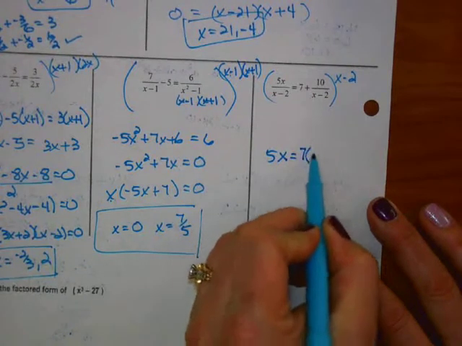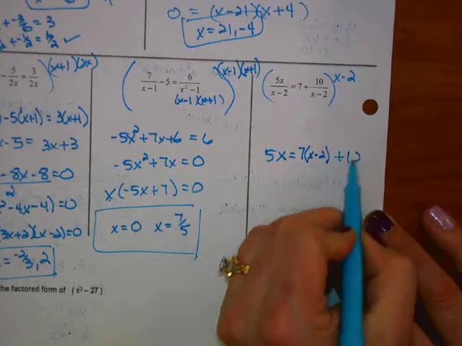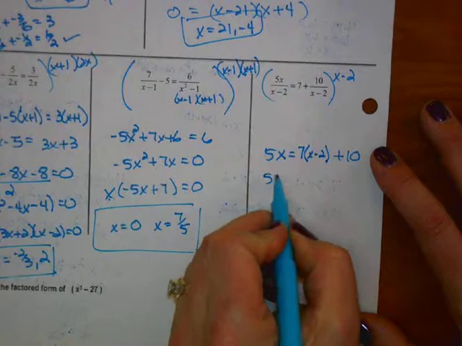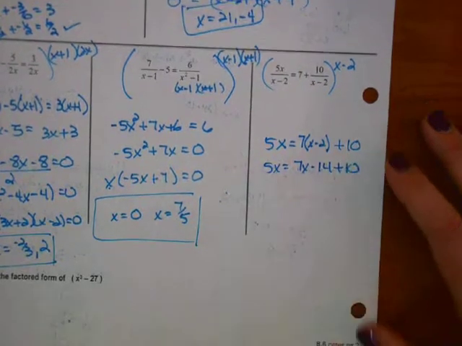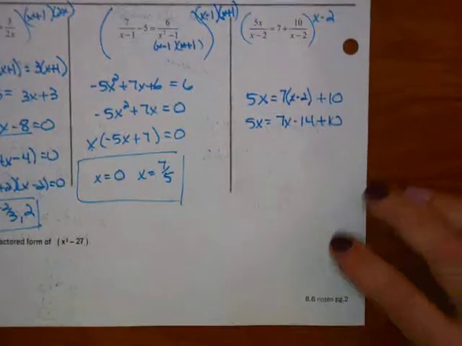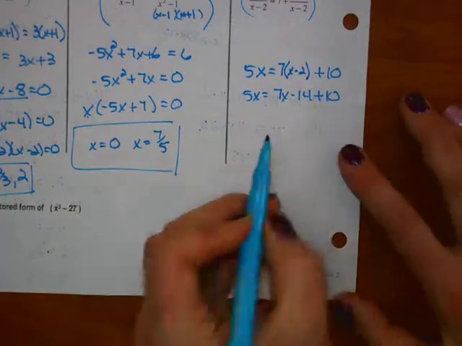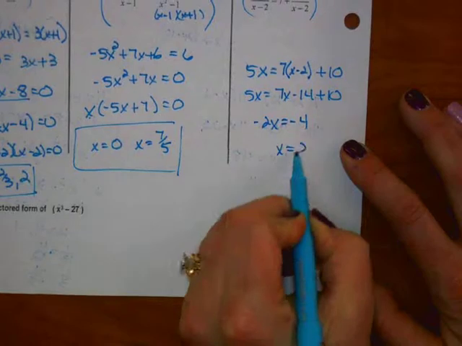This is 7 times x minus 2 plus 10. When you simplify all that, you get this, and x equals 2.